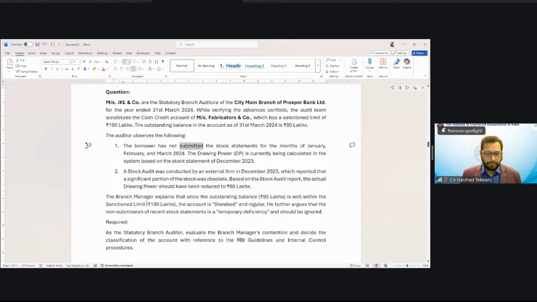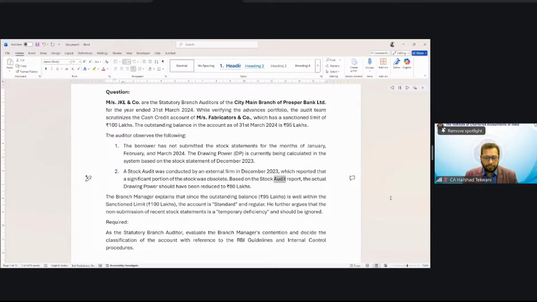The borrower has not submitted the stock statements for the months of January, February, and March 2024. The drawing power, DP, is currently being calculated in the system based on the stock statement of December 2023. A stock audit was conducted by an external firm in December 2023, which reported that a significant portion of the stock was obsolete.